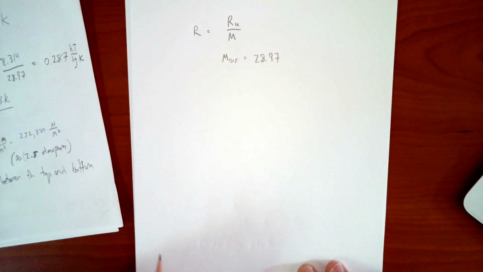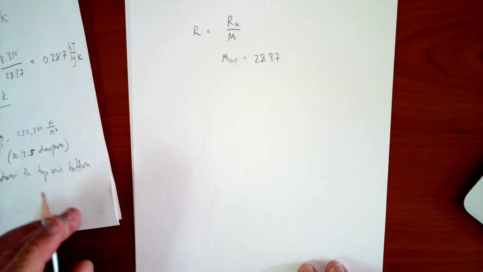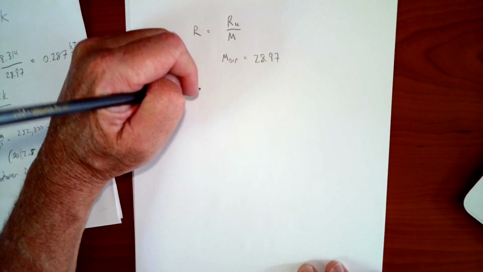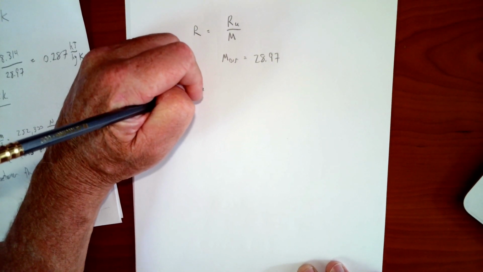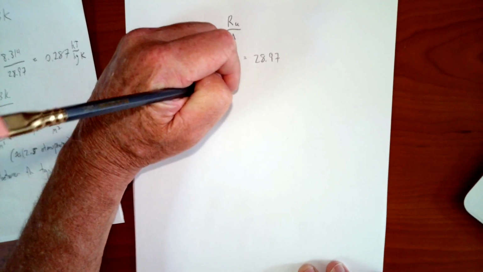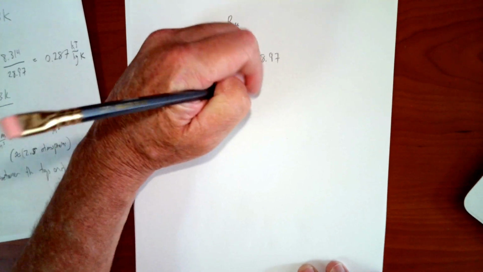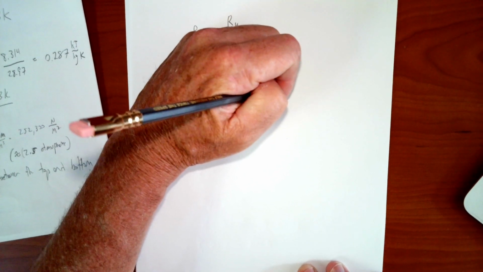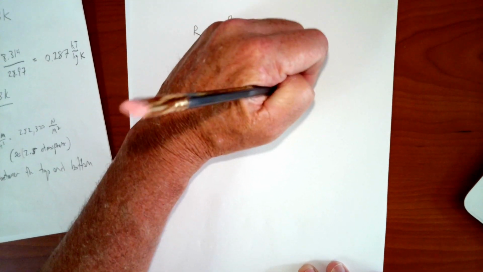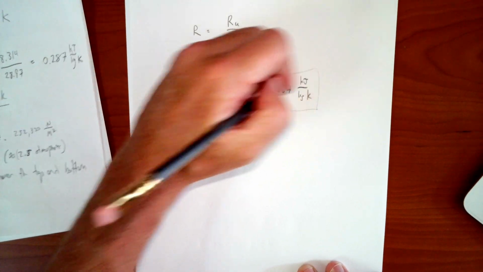It's actually a mixture, of course, of nitrogen, oxygen, carbon dioxide, etc. But we can treat it as one. And when you calculate that R value, with R equal to the universal 8.314 divided by 28.97, you get what I suspect is familiar to you at this point, 0.287 kilojoules per kilogram Kelvin. That is the R value for air equivalent.